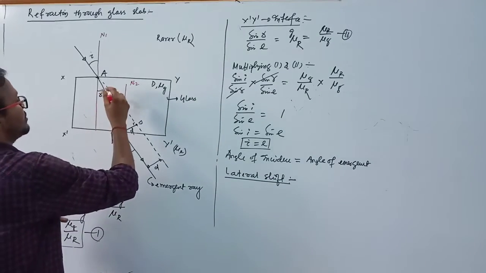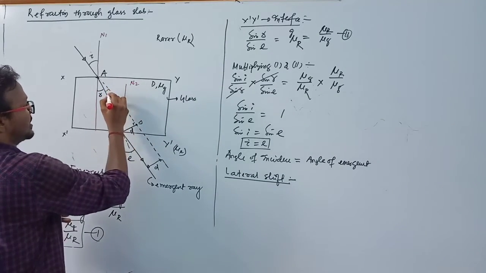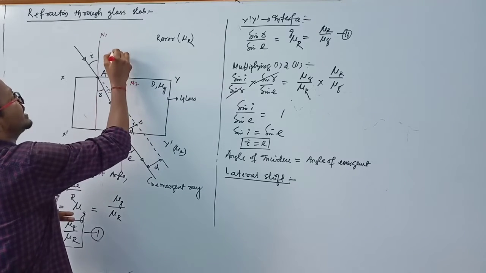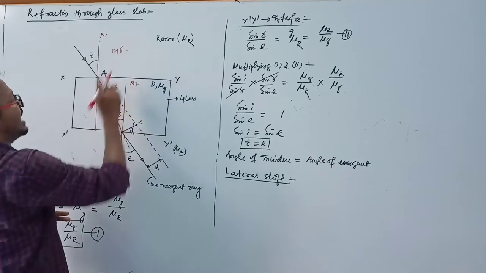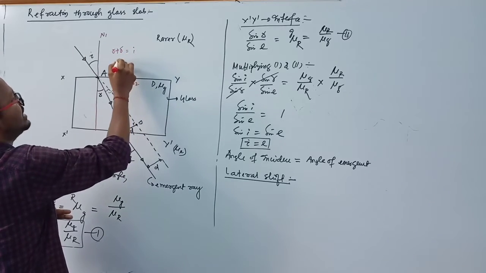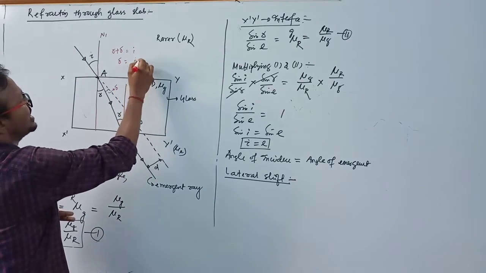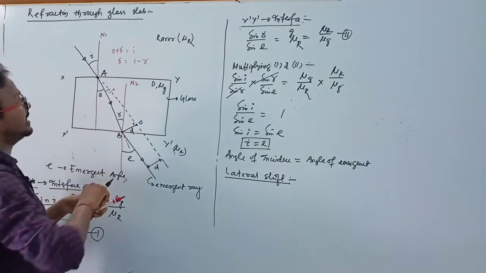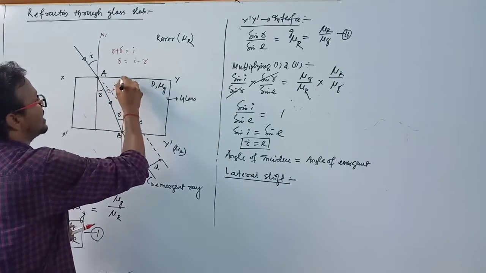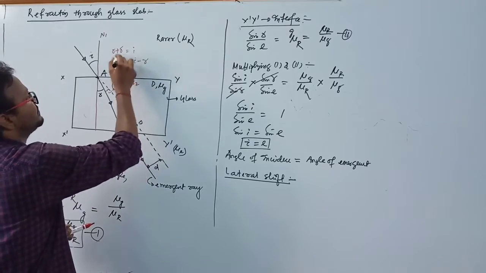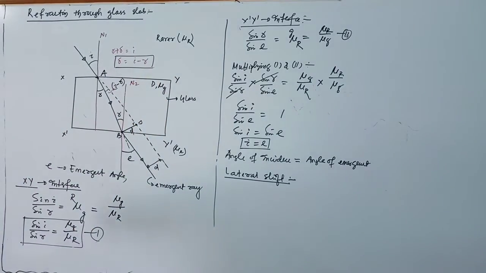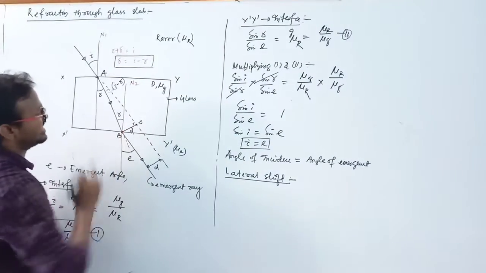We can write r plus delta equals i, so delta is i minus r. Clear? So this angle is i minus r.